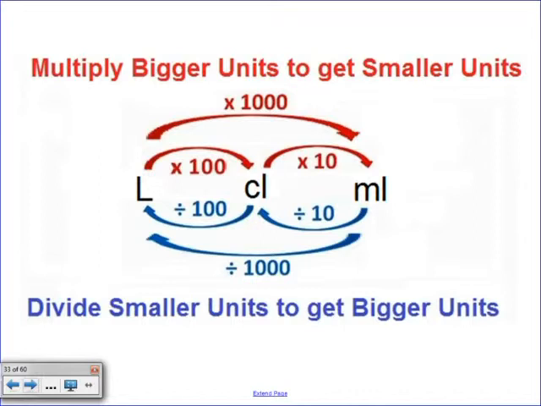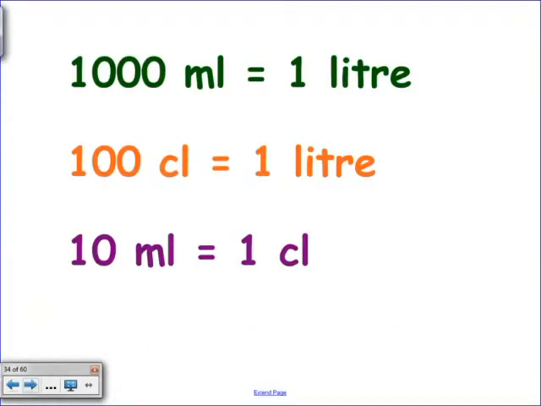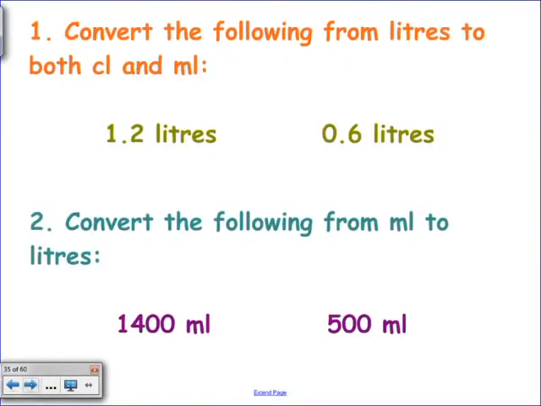See a few people scribbling. I'll just give you a couple more seconds. Okay. Or there's the third version, which is just remembering there's 1,000, 100, and 10 of these into 1 centilitre.